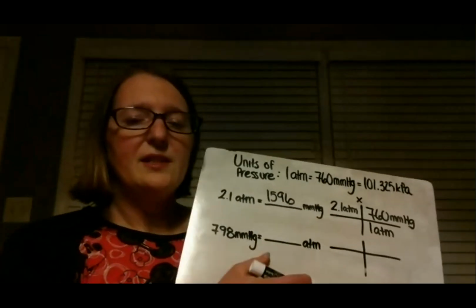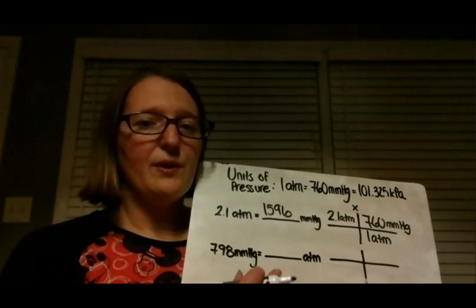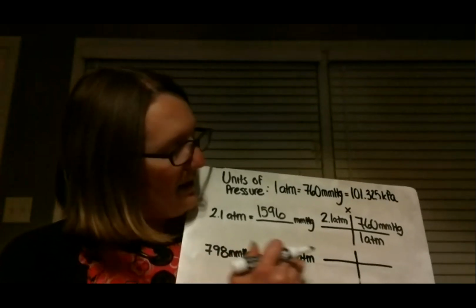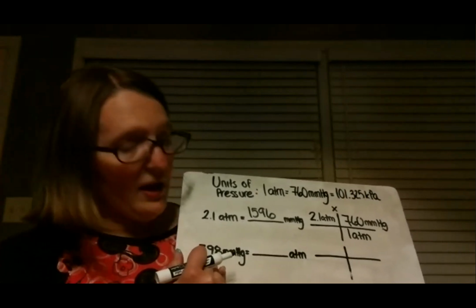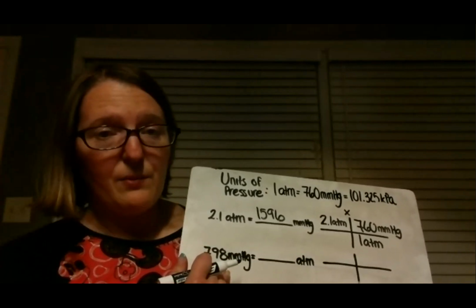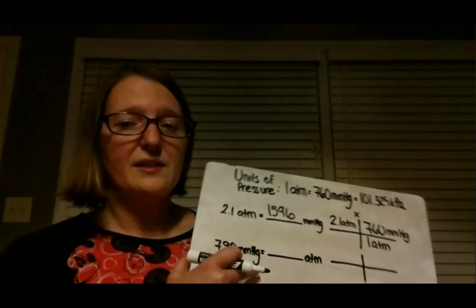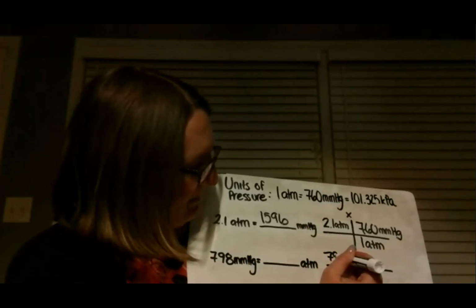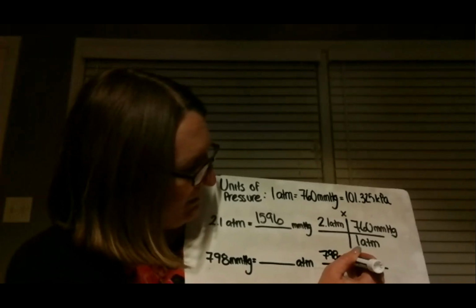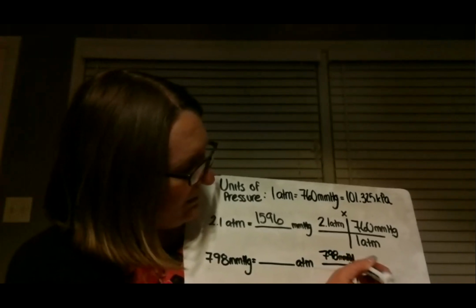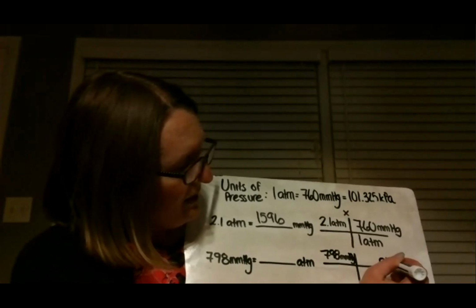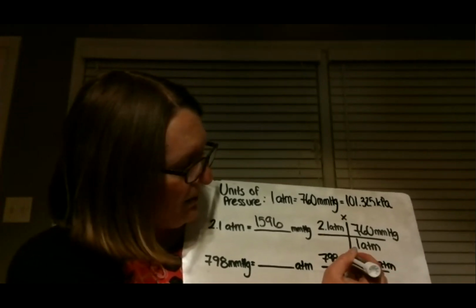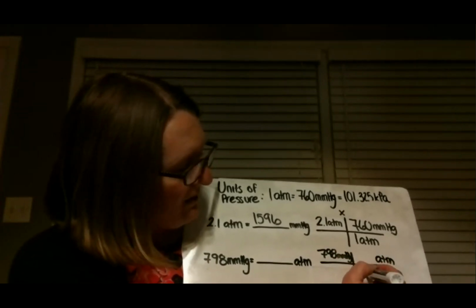All right, so let's look at the next one. Let's reverse it now and go from millimeters mercury to atmospheres. So I have 798 millimeters of mercury. I want to know how many atmospheres that is. So I'm going to start first by putting what I know right here. And I want to go to atmospheres. So down here, I have to put what I have up here. So I'm going to put 760.